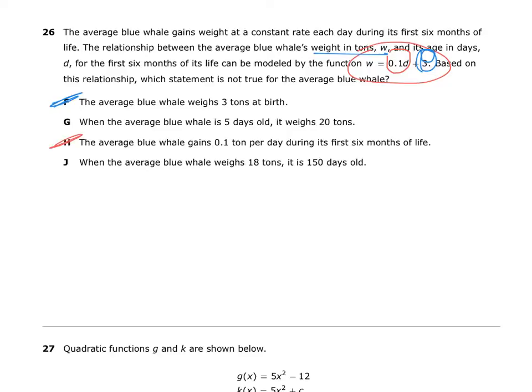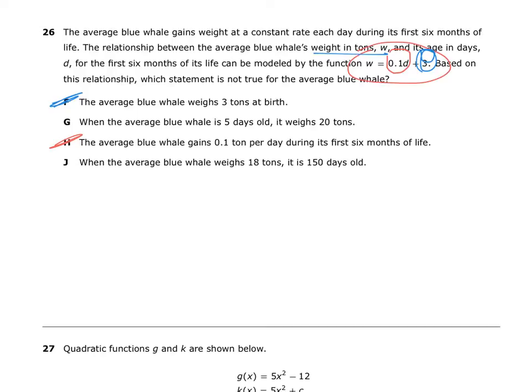And J says it weighs 18 tons when it's 150 days old. So if I trace a 150, it's going to give me an error. I'm going to have to zoom out. Zoom 3 and enter. Let's see if that gives us enough. Tracing a 150.